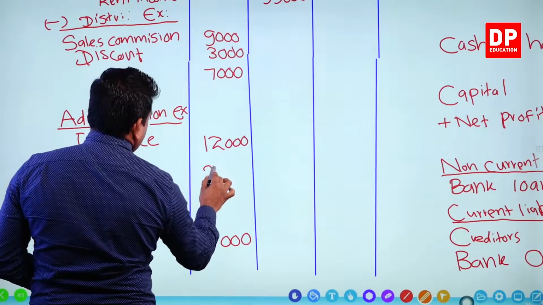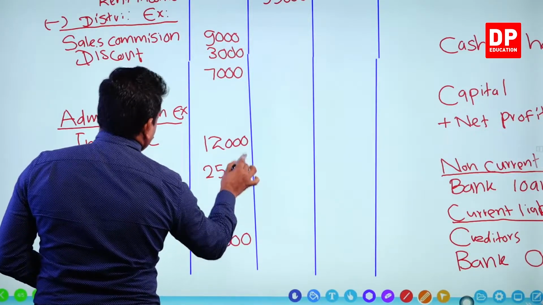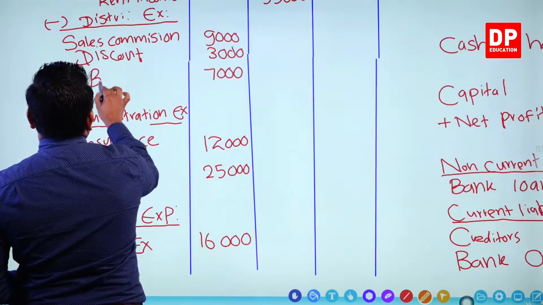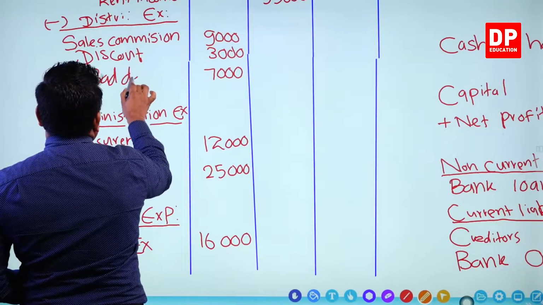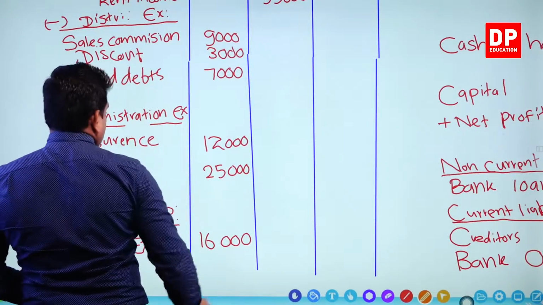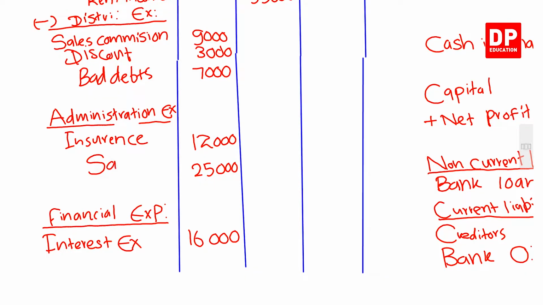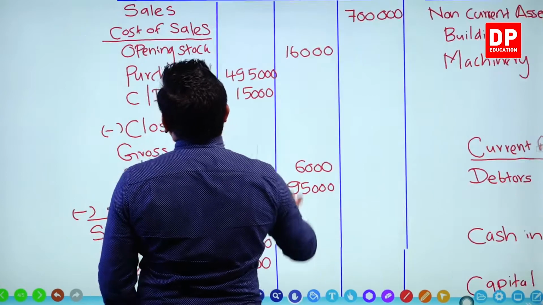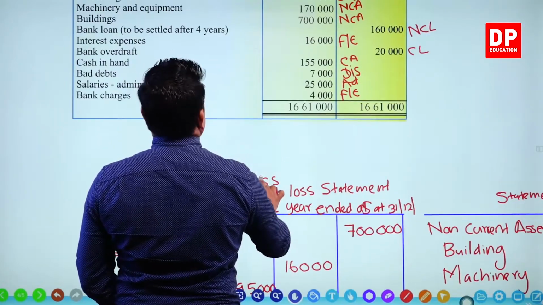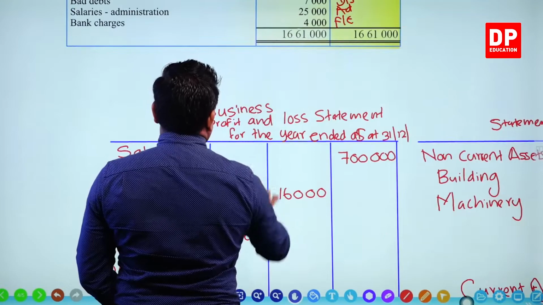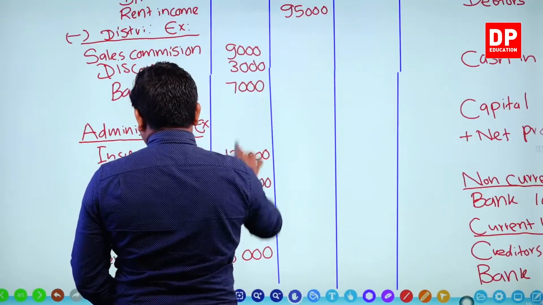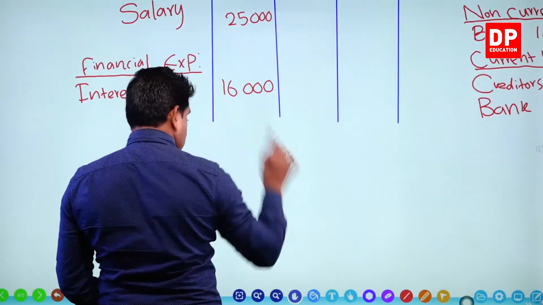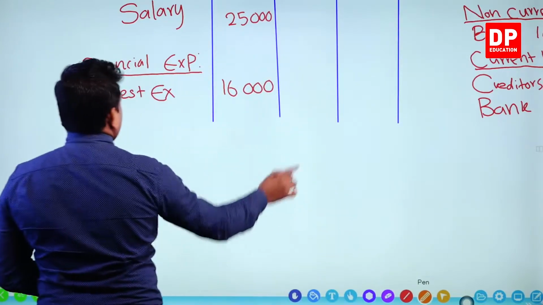It is 25,000. This is bad debts. Salary 25,000, administration. Only one more we have. We'll check what that is. It is bank charges 4,000.